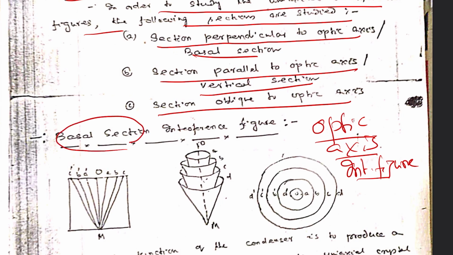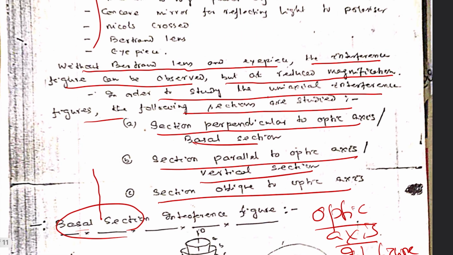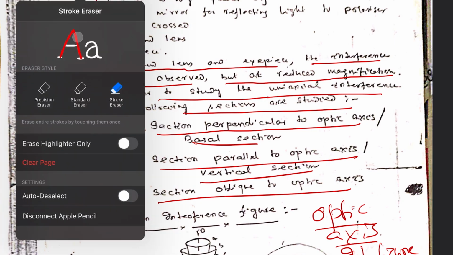So it is a basal section, perpendicular to the optic axis, and that is why this is called the basal section interference figure, or the optic axis interference figure. These are the three types of interference figures which will be discussed under uniaxial interference figures.